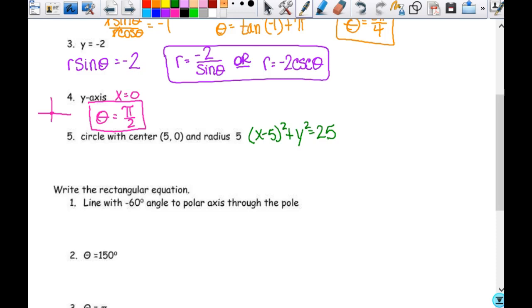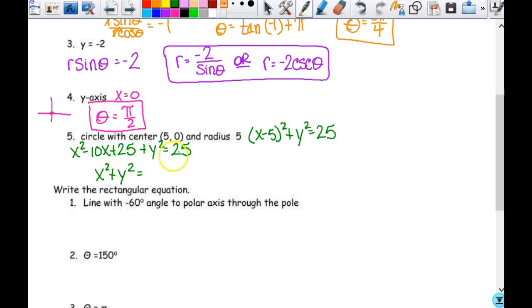So I'm going to go ahead and square this, and that's going to give me x squared minus 10x plus 25 plus y squared equals 25. Right, so in order to substitute things in for x squared and y squared, I need x squared plus y squared. So I'm going to leave x squared plus y squared on the left-hand side.